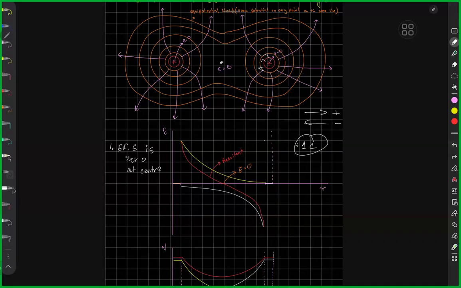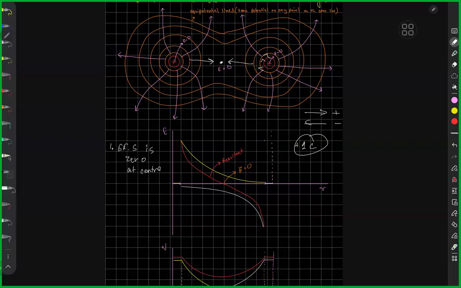So if I place 1 coulomb of positive charge right at the center, why does it have a 0 net force? Well, it's simple. I'm talking about the net force. The net force will be 0 because the repulsion from this end is the same as the repulsion from this end. Do we get that?